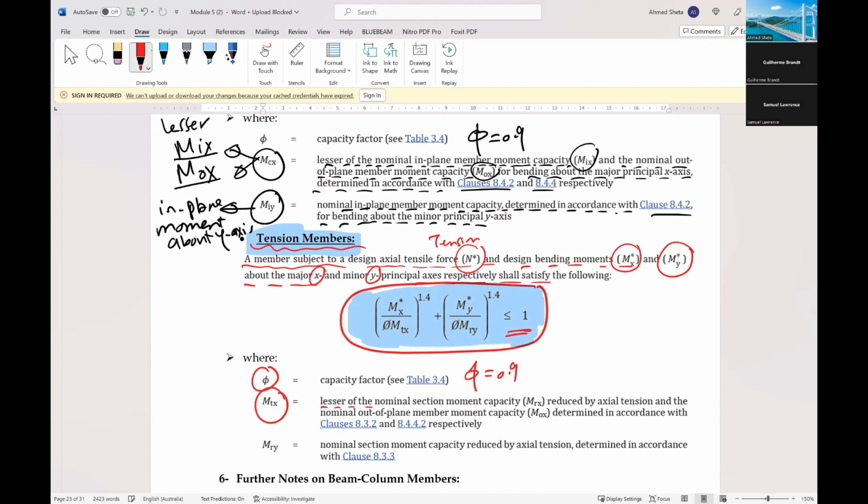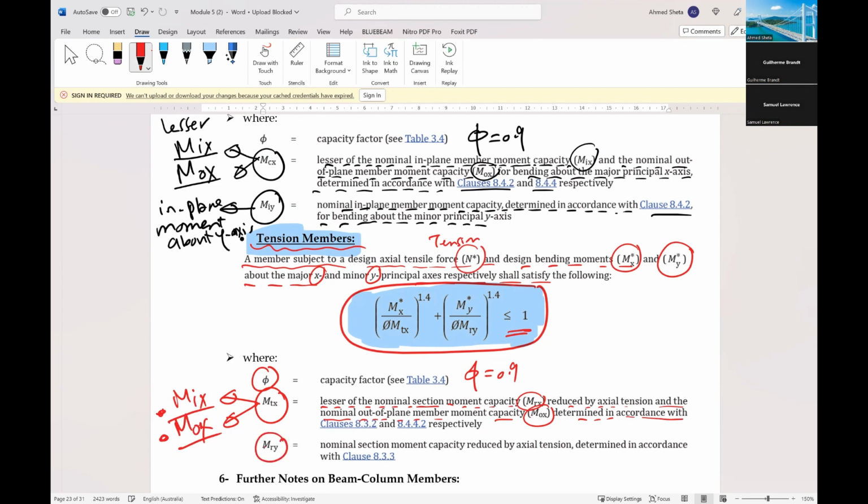Mtx is the lesser of the nominal section moment capacity Mrx reduced by axial tension, and the nominal out of plane Mox reduced by axial tension as follows. So this will be again the lesser of Mix and Mox for this case.